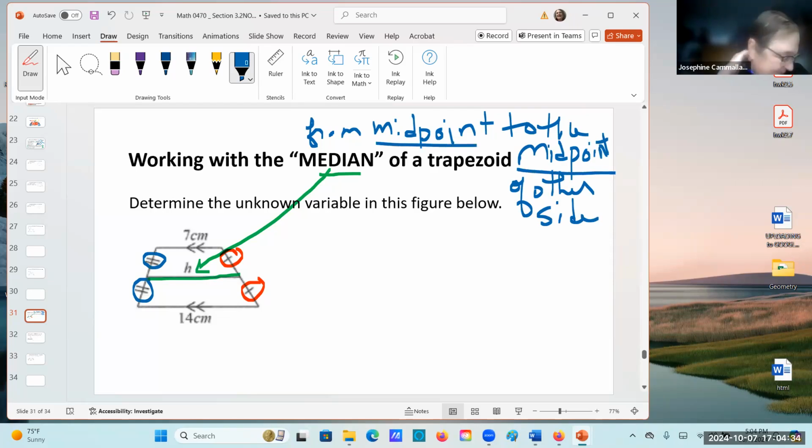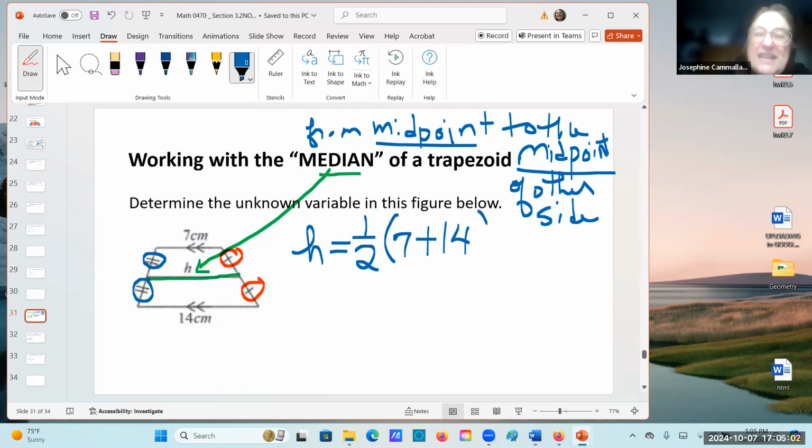Midpoint to midpoint. So if you see markings like I have here, the two red and the two blue, the H is automatically known as the median of a trapezoid, which means H is equal to 1/2 (7 plus 14).